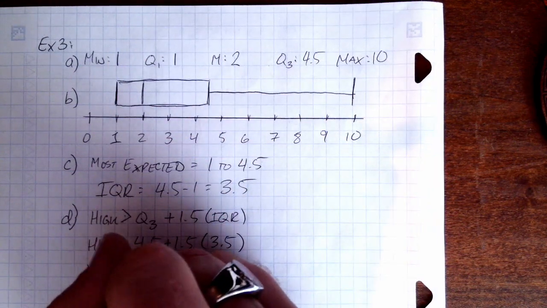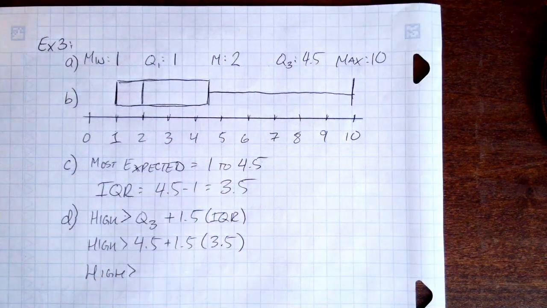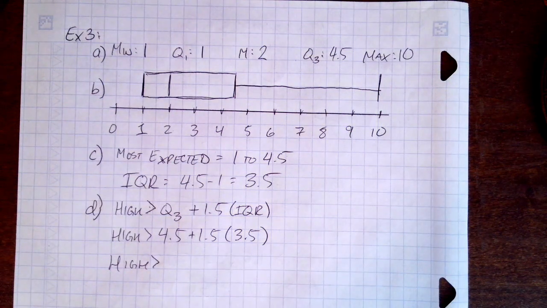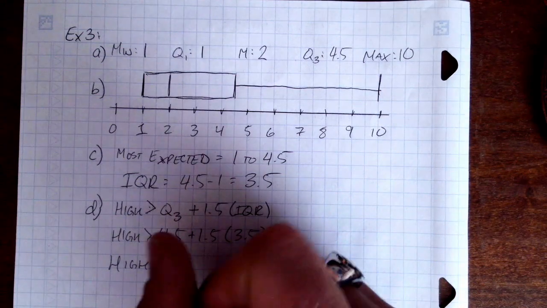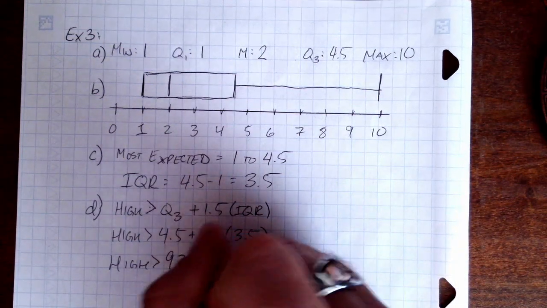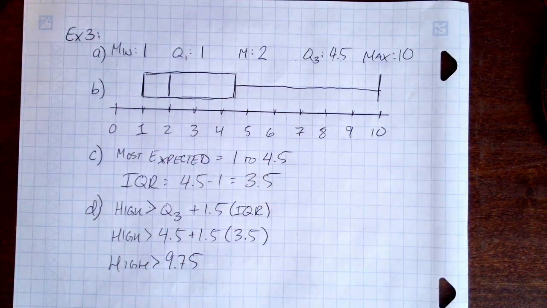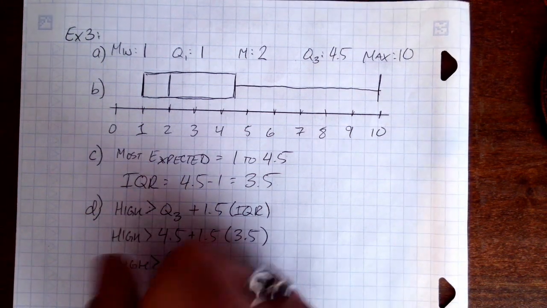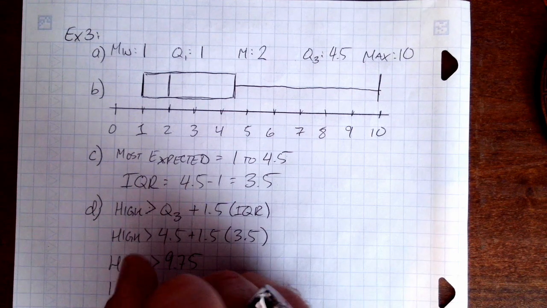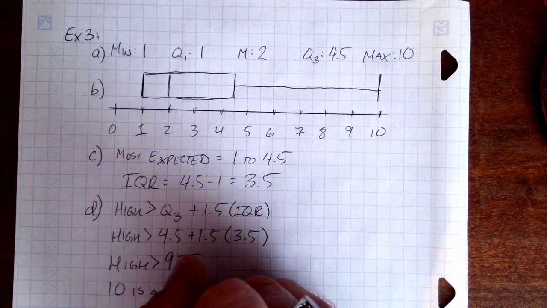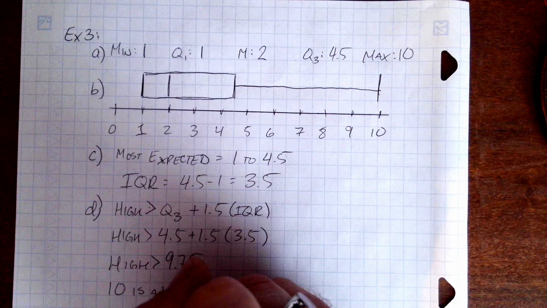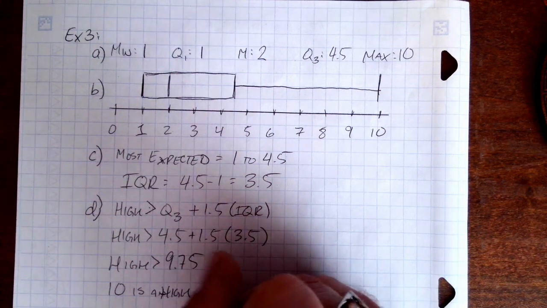So our cutoff, anything higher than 9.75 could be an outlier. So the one game where they got 10 points, 10 is a high outlier.